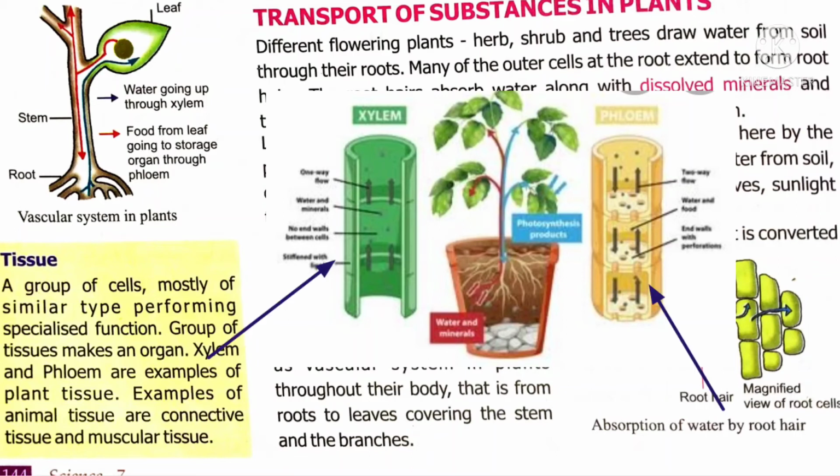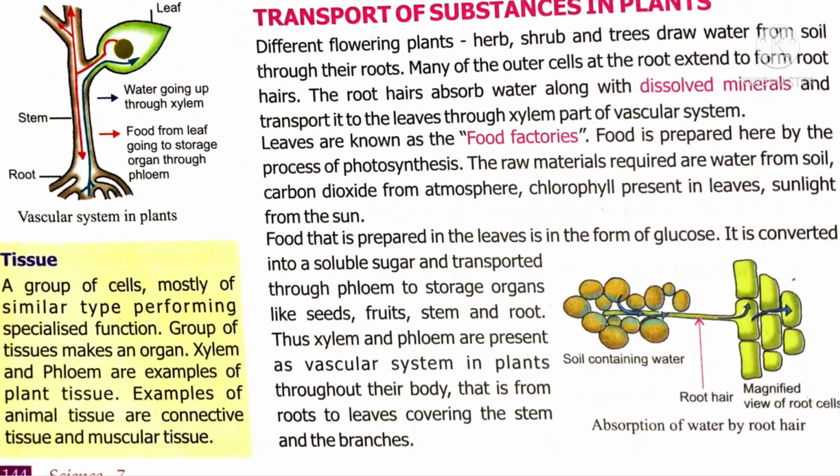In the same way, phloem is another tissue because it consists of different groups of cells which together perform a single function, that is transporting food materials. So what is a tissue? A tissue is a group of cells which perform a similar or specific function.